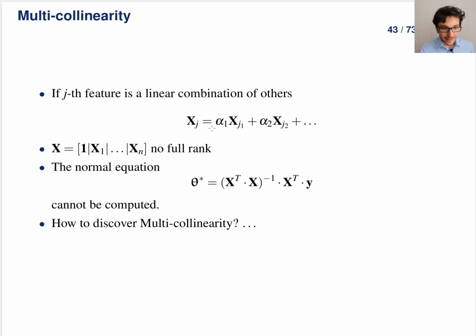Okay, there can also be the case of multicollinearity, meaning that one feature is a linear combination of other features. This is more difficult to discover. At the end, you have the same problem. So it means that your matrix has not full rank, and so when you compute the inverse of this matrix, you will have an unstable result.